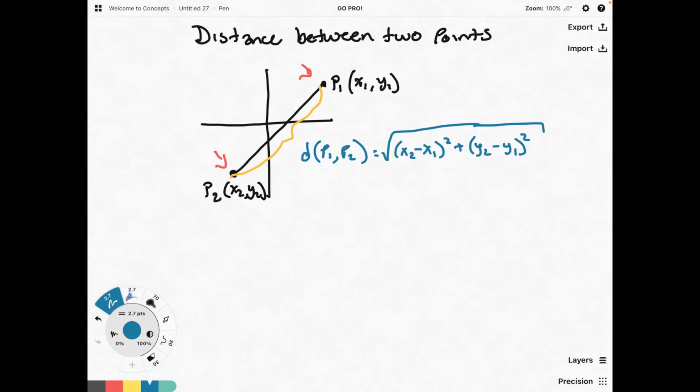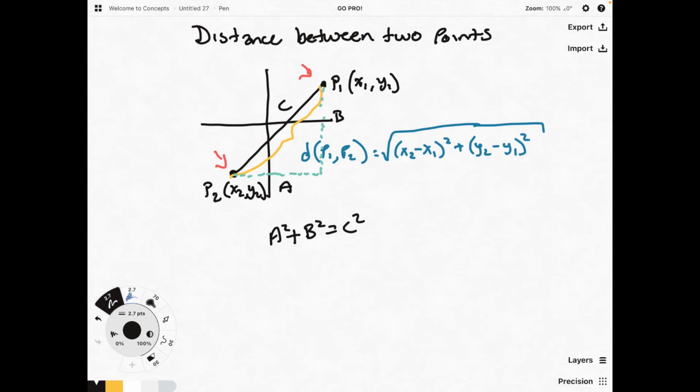So if we draw out a right triangle, then essentially you can use the Pythagorean Theorem, which we will talk about in a different video. What the Pythagorean Theorem states is a squared plus b squared equals c squared.